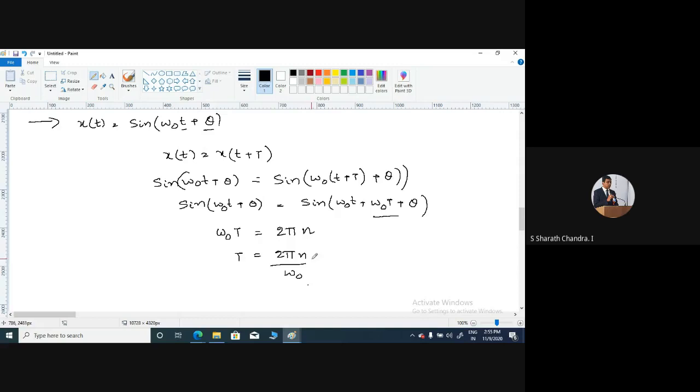However, since we need to consider the smallest possible positive integer value, T is now taken as 2 pi by omega naught for n equal to 1. Therefore, this shows that the sinusoidal signal x of t is equal to sine of (omega naught t plus theta) is periodic with a fundamental period of capital T equal to 2 pi by omega naught.